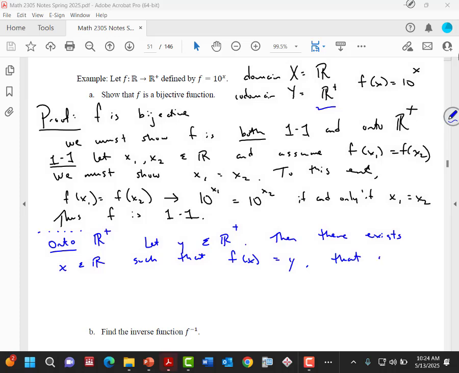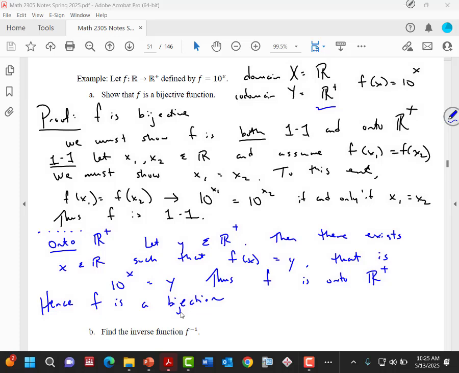That is, 10 to the x equals y. Thus, f is onto R plus. Hence, f is a bijection, simply both 1 to 1 and onto. Now that part A is done, we've shown that this is a bijective function.